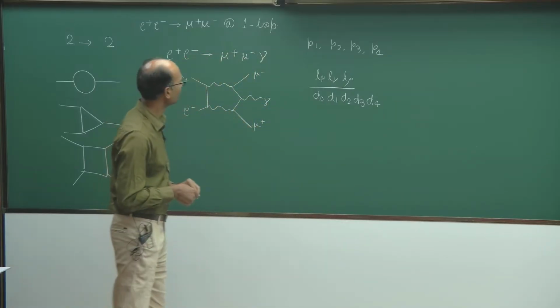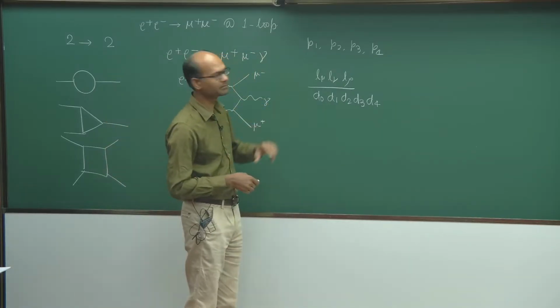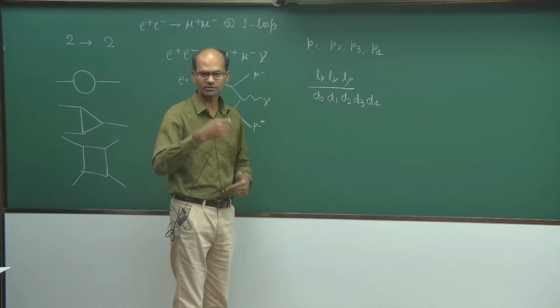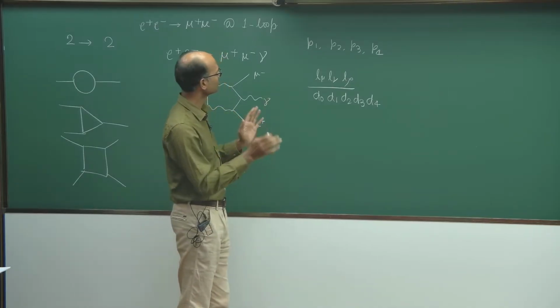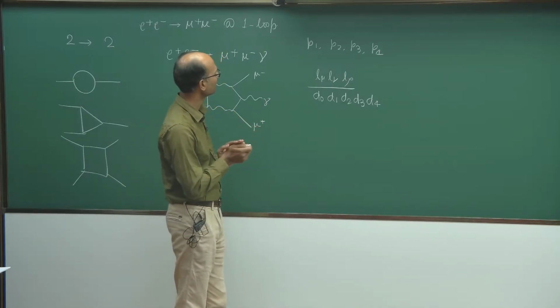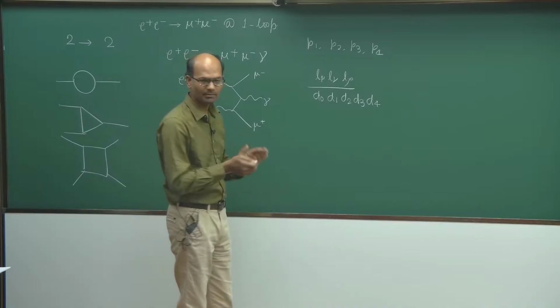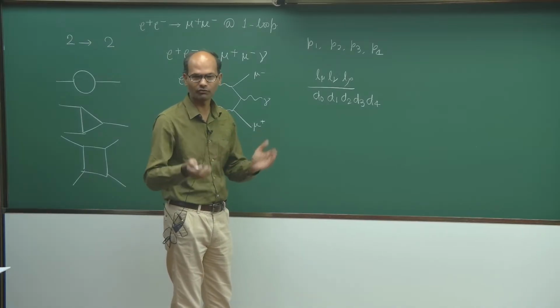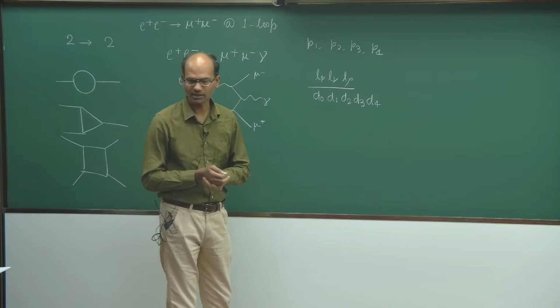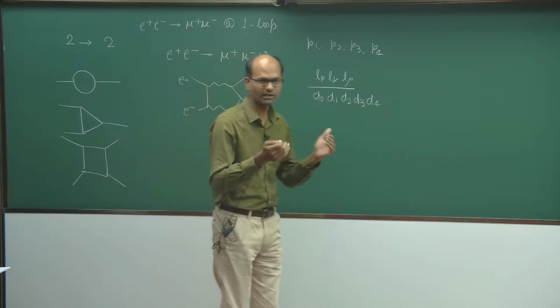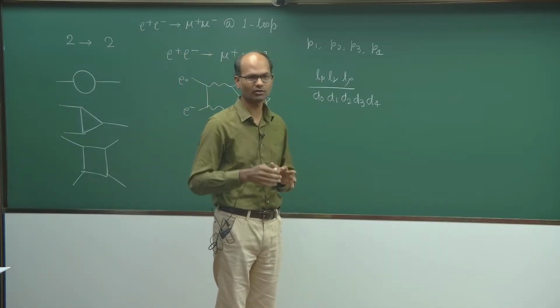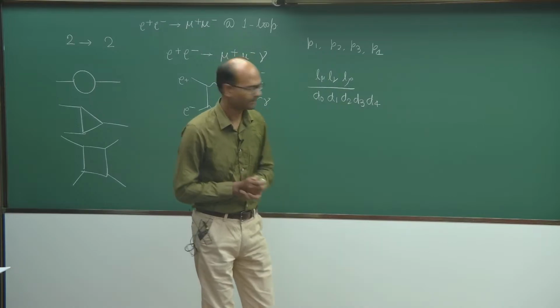However, when you are discussing a 2 to 3 process or 2 to 4 process and so on, there is something you should keep in mind: in 4 dimensions you can have 4 linearly independent momenta, so any vector you can express as a linear combination of 4 independent momenta.